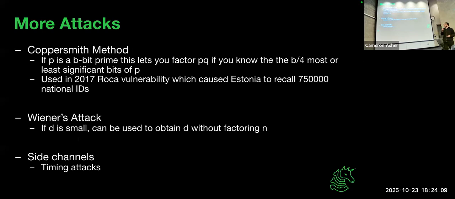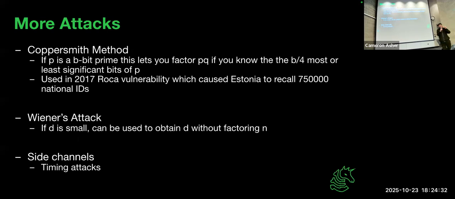We also have the Coppersmith method. If p is a prime of b bits, and we know the b over 4 smallest bits of p, or the b over 4 highest bits of p, then we can factor n. This was used in 2017.